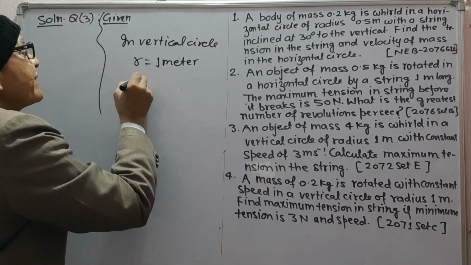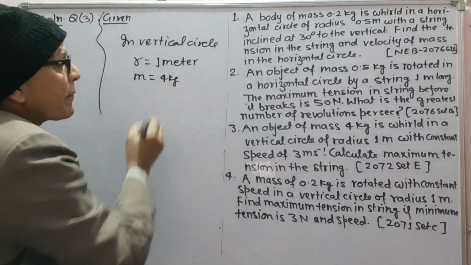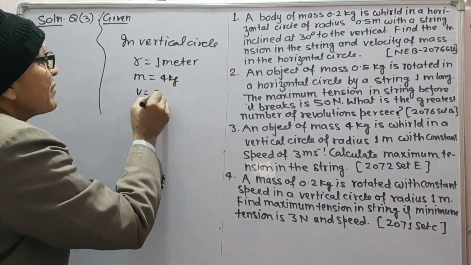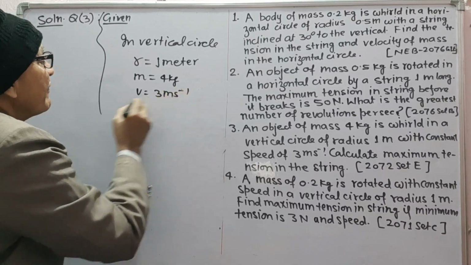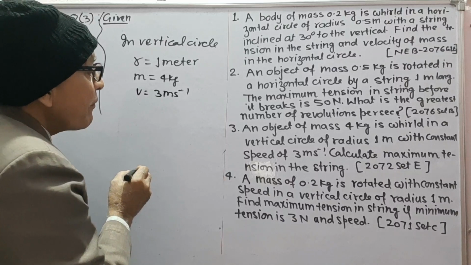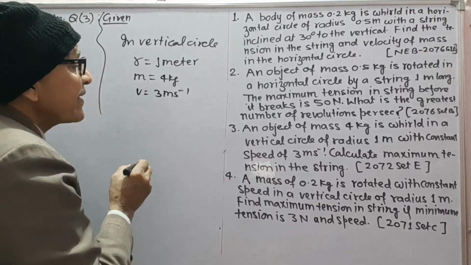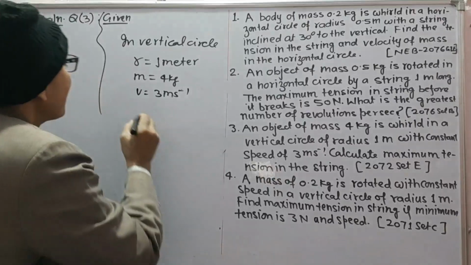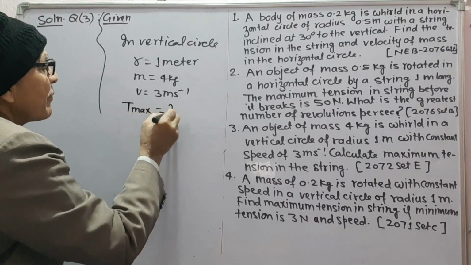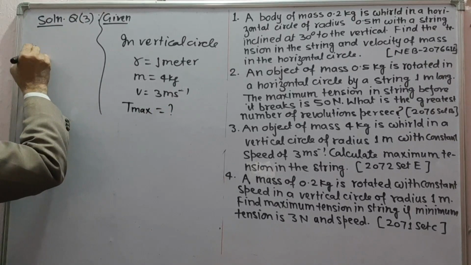Mass of object is 4 kg. Speed is 3 meter per second. We have to find the maximum tension in the string. T max is what? So, now solution.